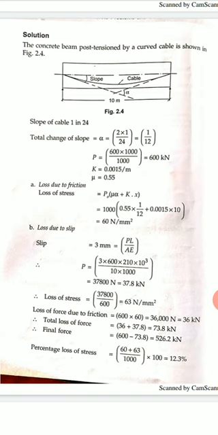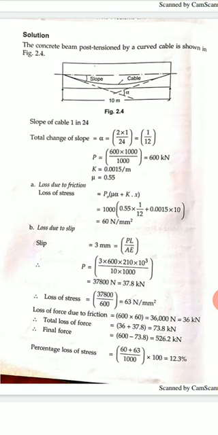So out of 600 kilonewton, which was the prestressing force applied, we are left with only 526.2 kilonewton. This is how you will estimate the final prestressing force left after taking into consideration frictional loss as well as loss due to slip.